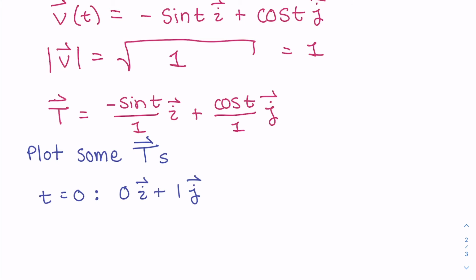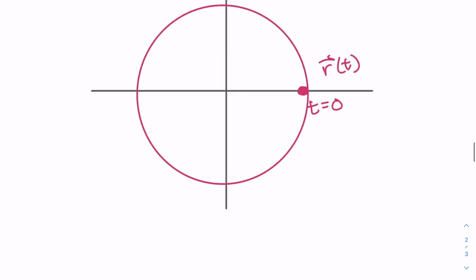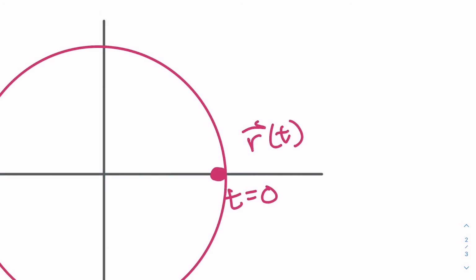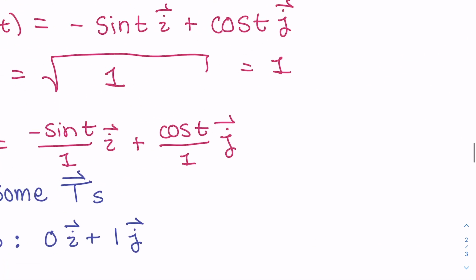So you know for sure that this is a unit vector. And now let's plot it on here. 0i plus 1j, that's just 1 in the y direction. So we get something that looks like that. Of length 1, it would be that big. So there's T for t equals 0. We can confirm it is a unit vector and it is tangent to the curve. Let's try pi halves.